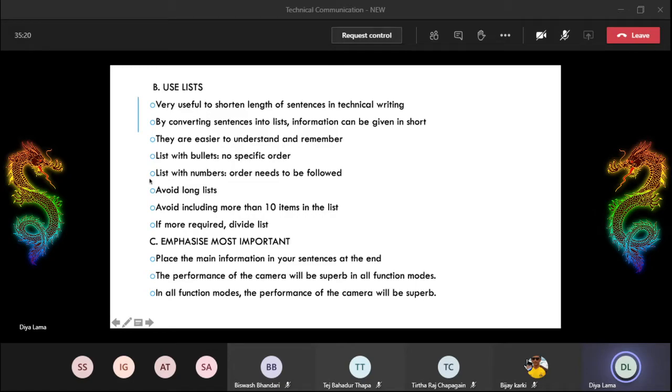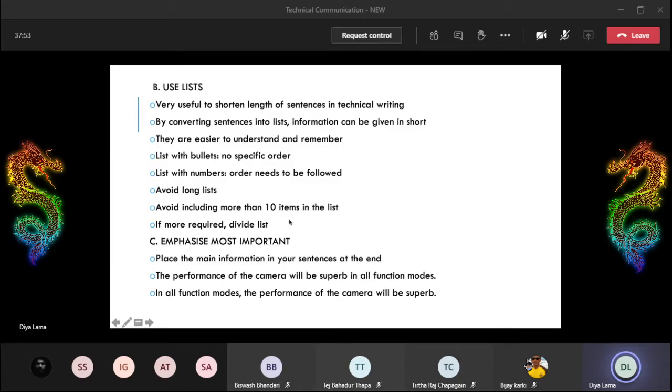If there are more than 10 items, then your list will look bad. If there are too many, it's going to annoy your readers. So if more are required, divide the list. If there are things that absolutely must be written in a list, you can divide the list. How to divide? Write 10 items under one heading, then in the next point write the other things that come, another 10 points, another list. You can write that way. But writing 100 things in a single list does not look good, okay?